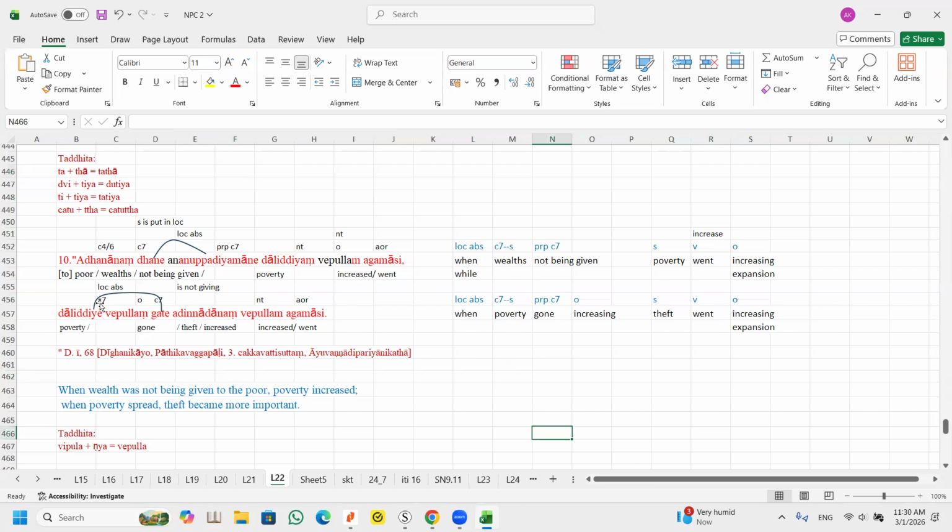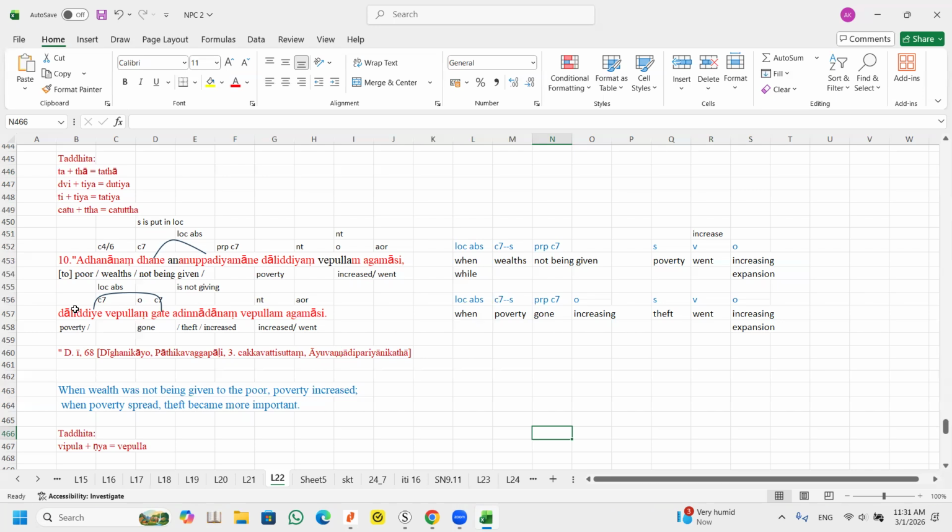Now in the second line, you can see the two locatives are side by side, but this locative and this locative, they are not side by side. Can you see? This is PRP. Kate is PRP. This is the object.